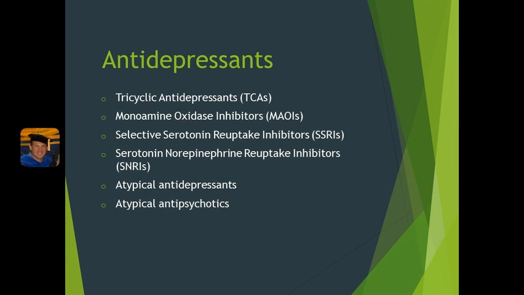Now, with the exception of the atypical antipsychotics, the general theory is that any of these drug classes will be equally effective for the treatment of depression if you can get the patient to high enough a dose for long enough a time. The problem, of course, is that a lot of these drug classes, you can't get the patient to high enough a dose for long enough a time.